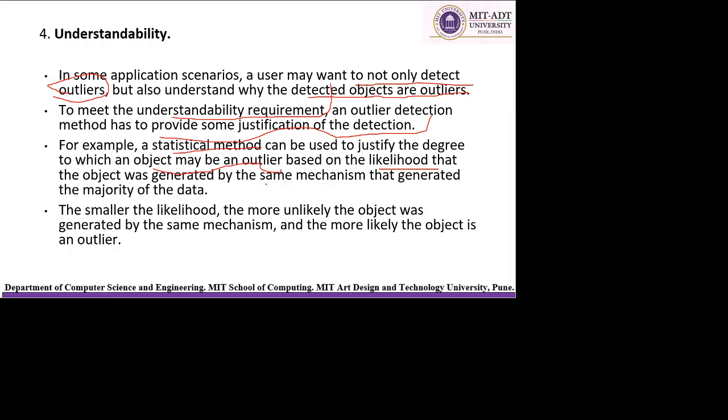Whether the data object which is an outlier is generated by the same mechanism that the majority of data objects are generated by, or it is not generated by the same mechanism, needs to be considered in this case. So the smaller the likelihood, the more unlikely the object was generated by the same mechanism.